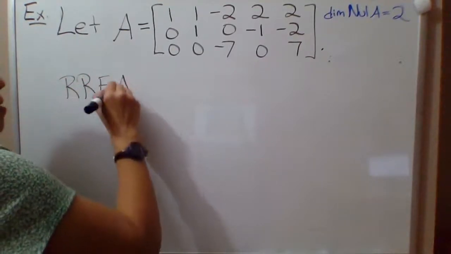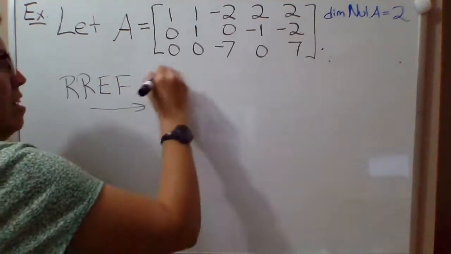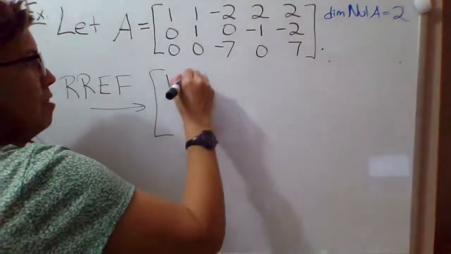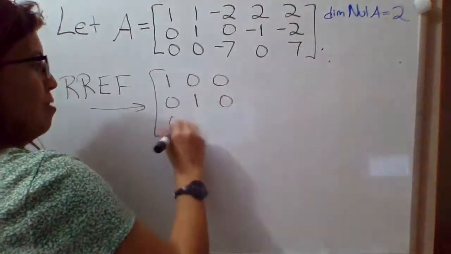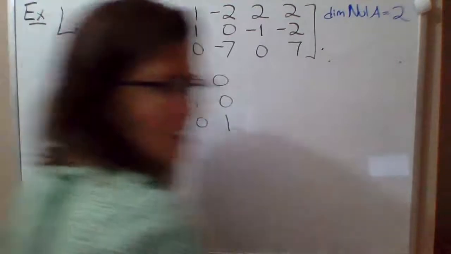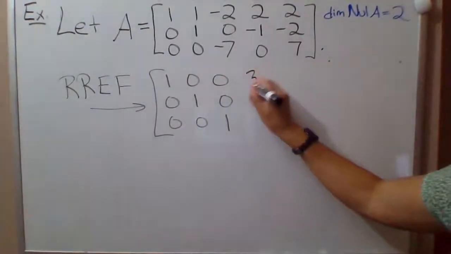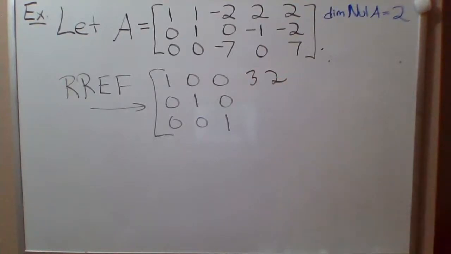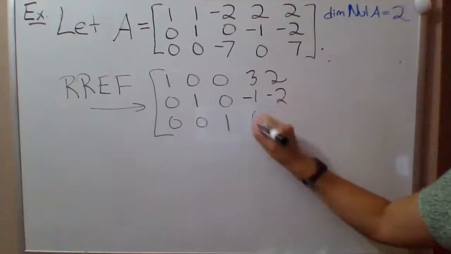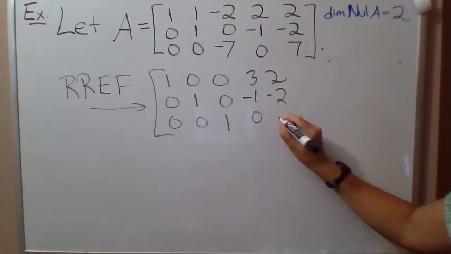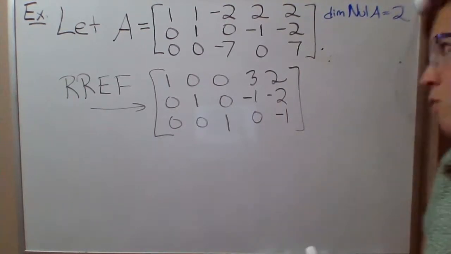Our reduced form of the matrix A is, what did we just have? I know for sure we had this. Okay, so 3, 2 here, and then negative 1, negative 2, and then 0, negative 1. Yes. So here's the row reduced form that we found a minute ago.